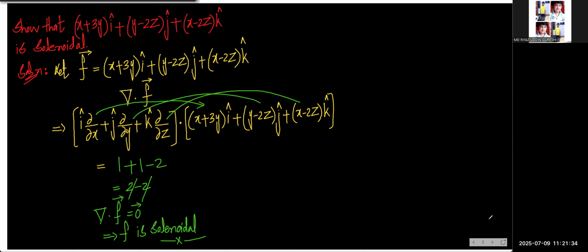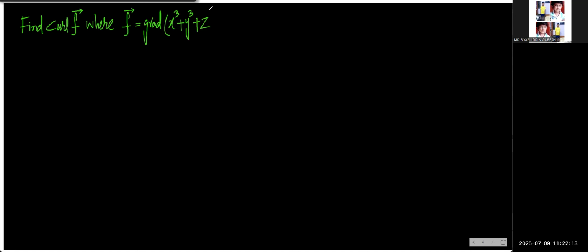Next question: find curl of F, where F is equal to gradient of (x cube plus y cube plus z cube minus 3xyz). Similar question here.